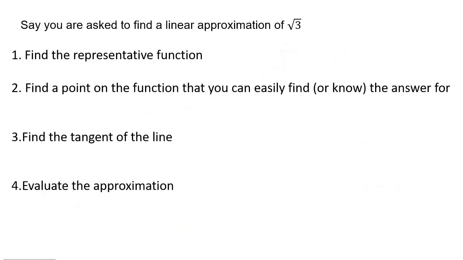So let's say we are asked to find a linear approximation to square root of 3. So first thing we do is find a representative function. That means you find an equation like y equals square root of x. Basically, you substitute a variable instead of this value.